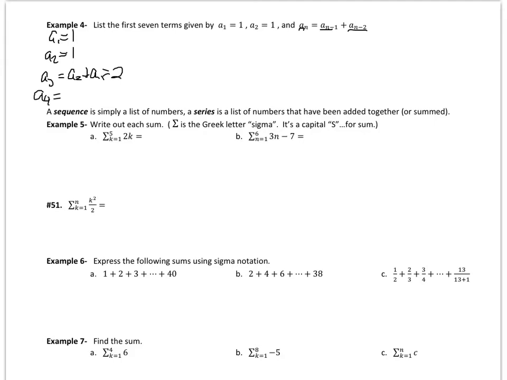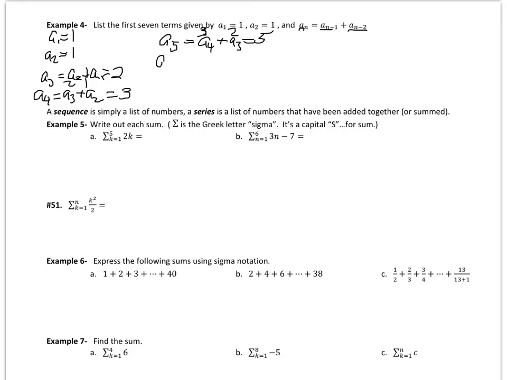Okay, and then what does a sub 4 equal? Again, n is 4, so n minus 1 is 3, and n minus 2 is 2. So a sub 4 equals a sub 3 plus a sub 2, which is 2 plus 1, which is 3. Okay, what about a sub 5? That equals a sub 4 plus a sub 3, or 3 plus 2, which is 5.